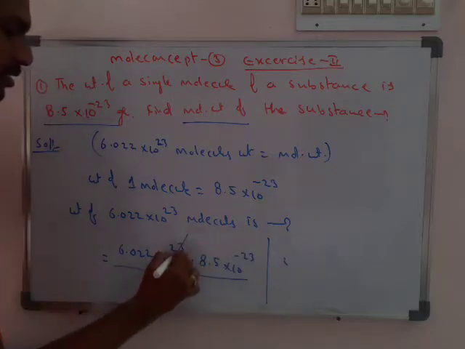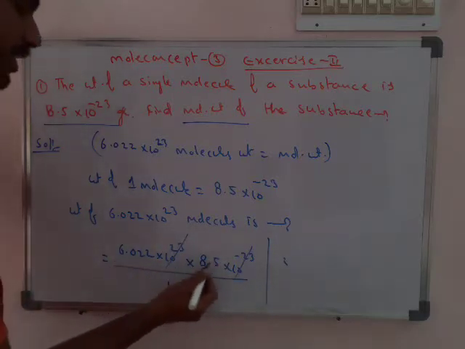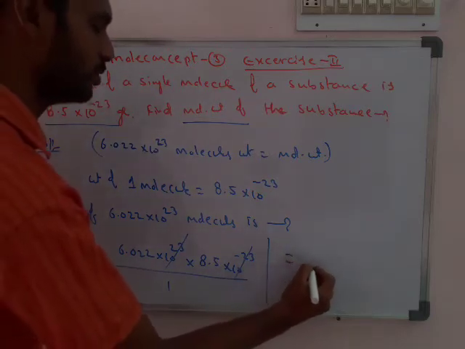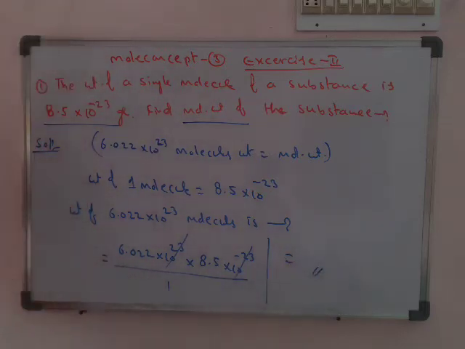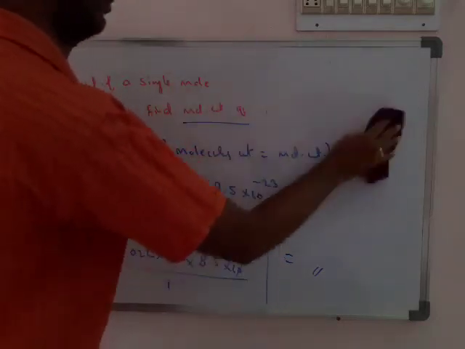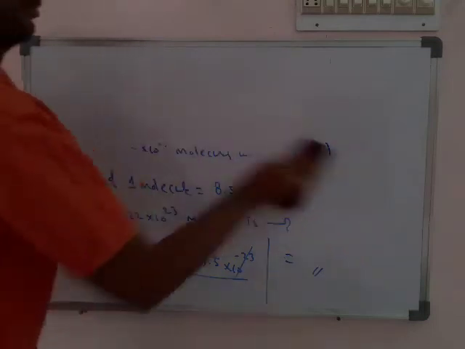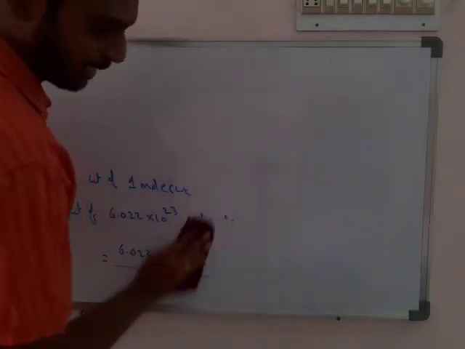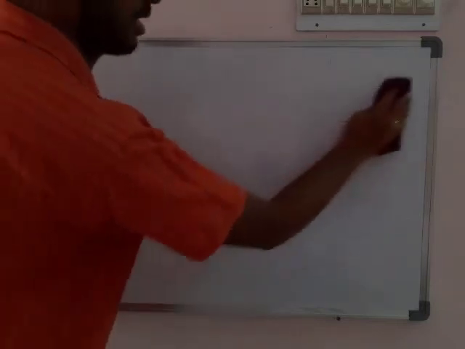So here 10 power 23 is cancelled. 6.0 times 8.5, so just do the calculation. You have to do the calculations. We are just giving the hints in these classes.